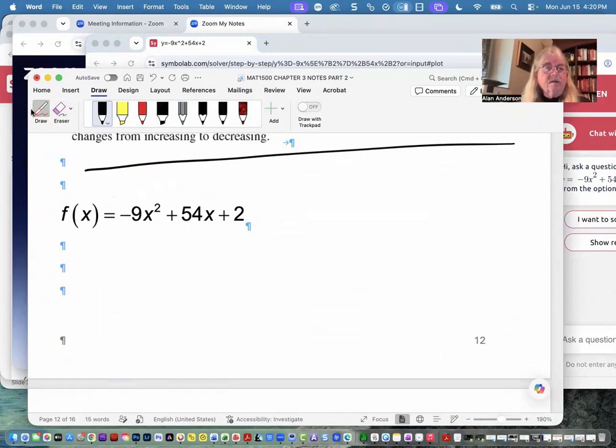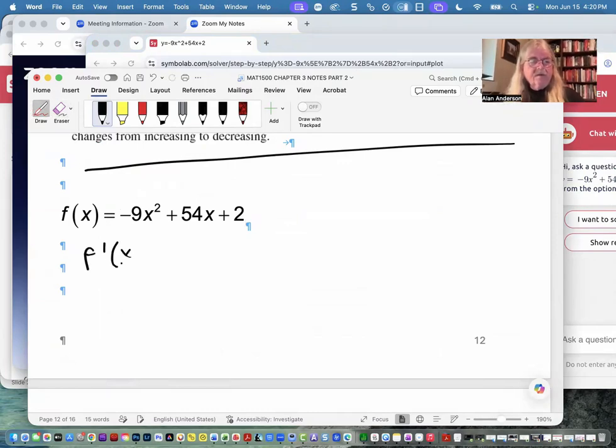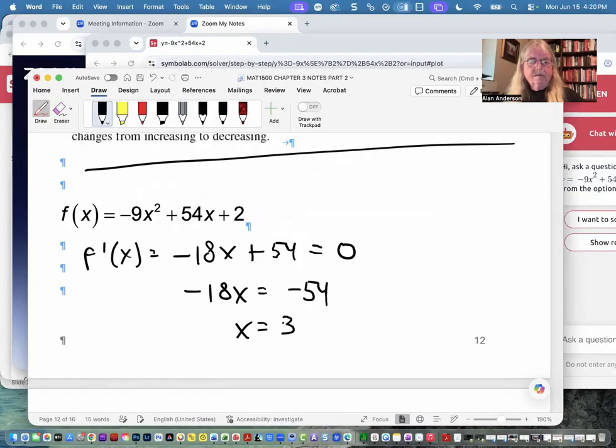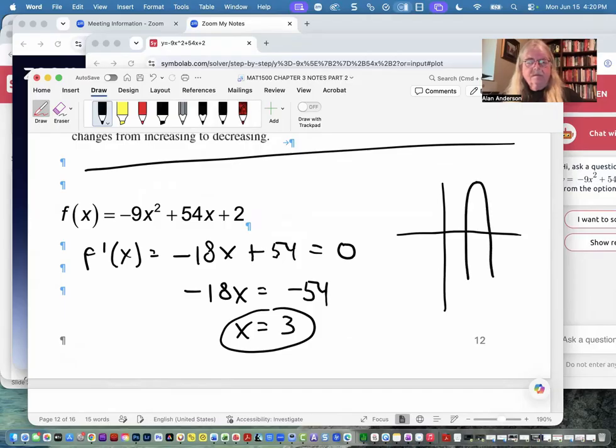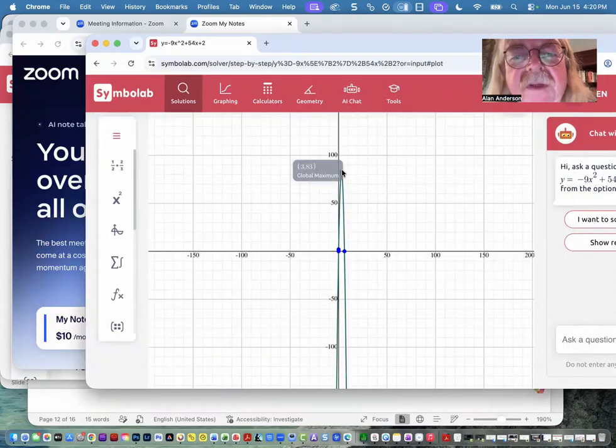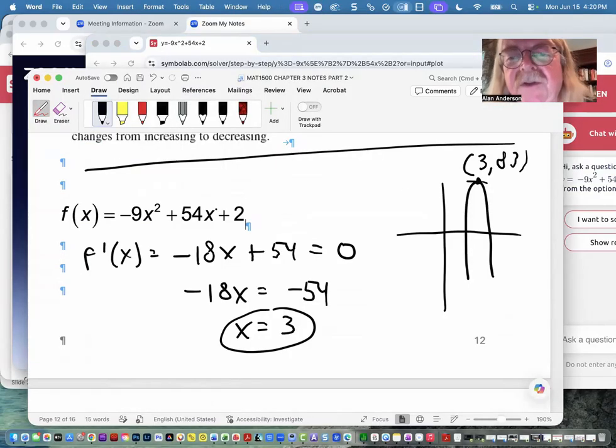So what we would have done is taken the first derivative, set it equal to 0, and we already know from Symbolab that that point is 3, 83. We could have just plugged 3 into the original function, but we know.